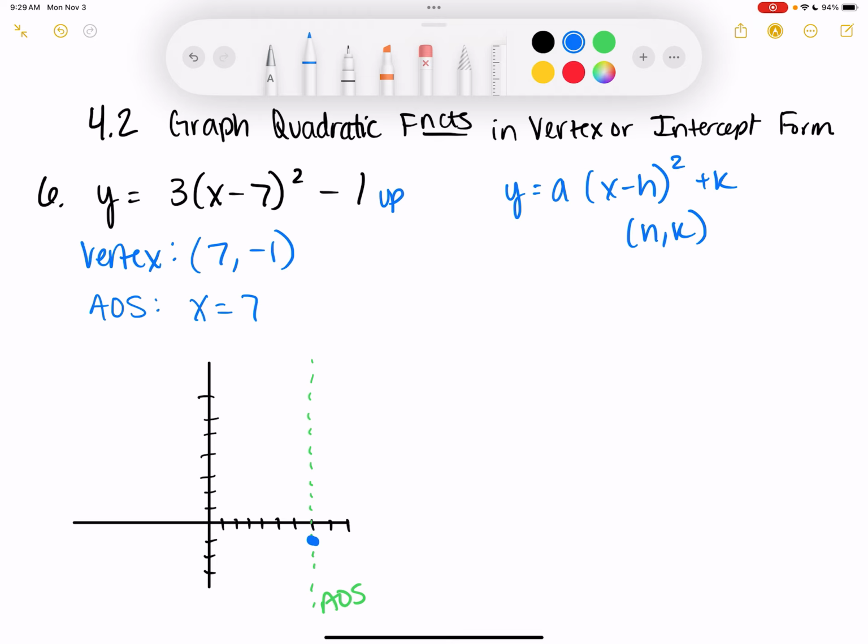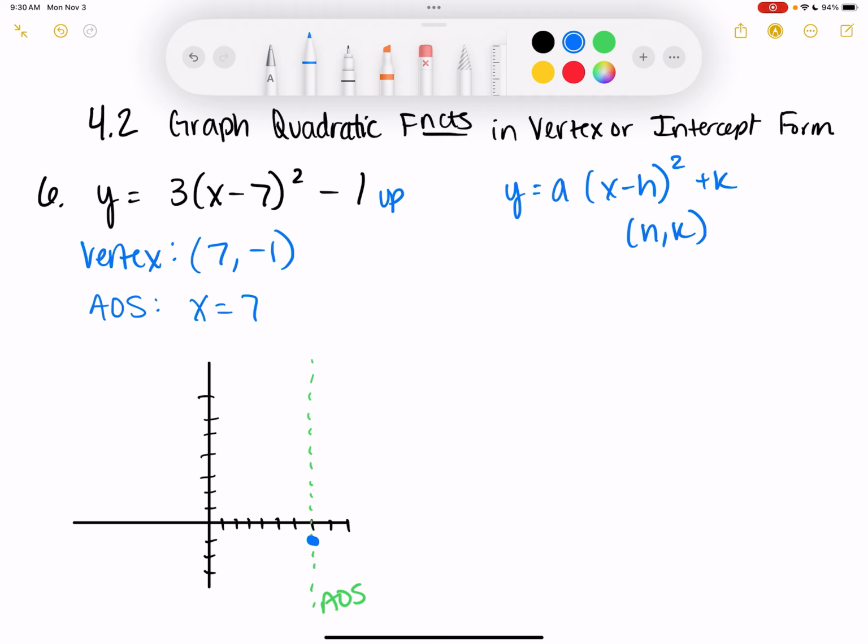So then I would just choose a number that's 1 away on either side. Probably in the positive direction is easier. Like, don't go choose 0 because you're going to have some really, really big number if you do that. So just choose something that's like 1 away. So I would probably use 8 because then I end up with something that's easy to deal with here.